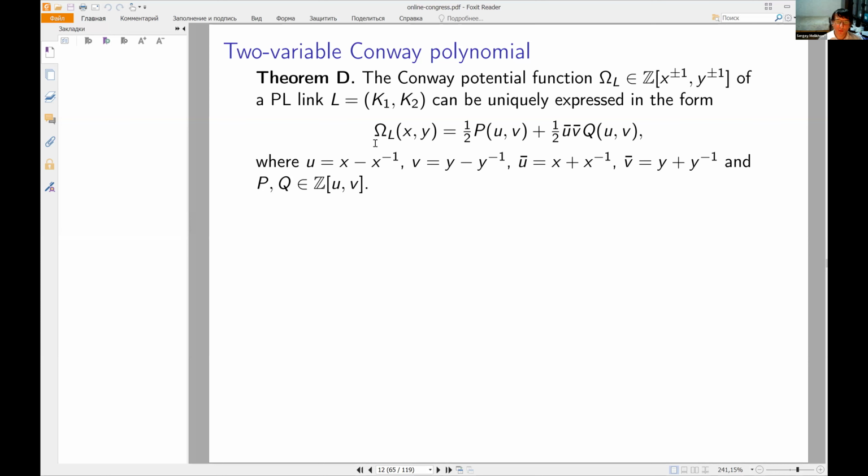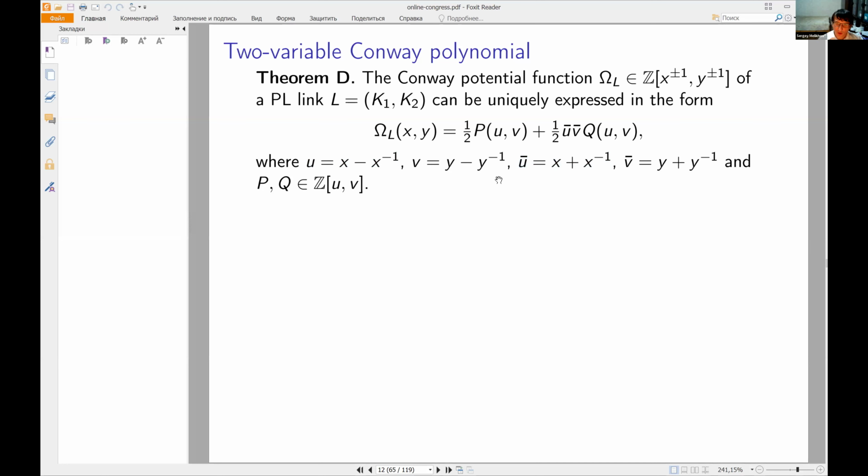You can decompose this Conway potential function, so to speak, into a symmetric part and an alternating, or skew symmetric, part. So you consider this Conway variable x minus x inverse, and also the variable x plus x inverse.